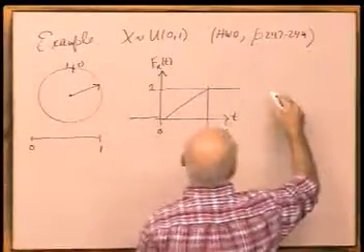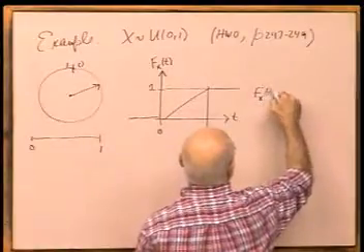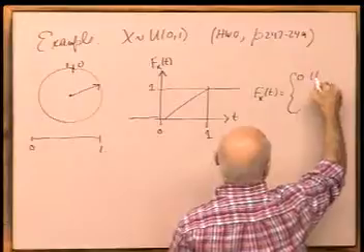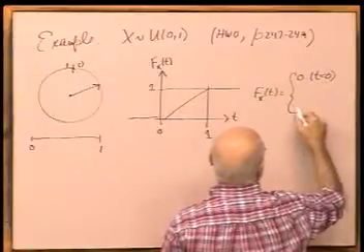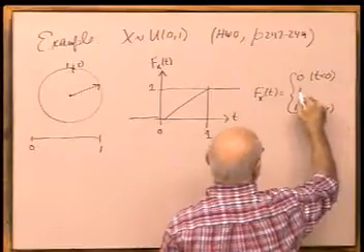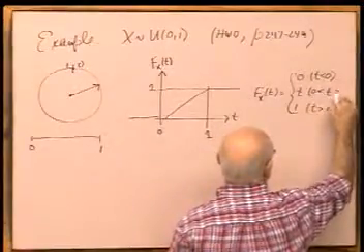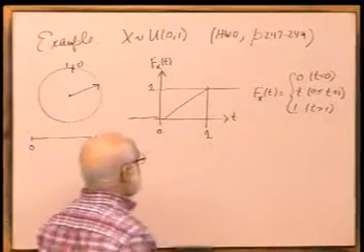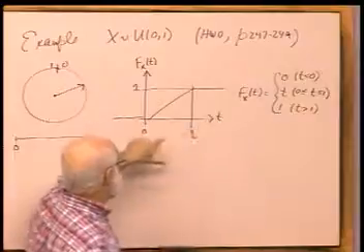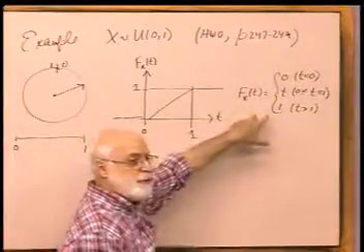Its formula would be: the distribution function evaluated at t is equal to 0 if t is negative, 1 if t is greater than 1, and t for t between 0 and 1. Actually, what we did is we derived the graph, and then from the graph we wrote down its formula.